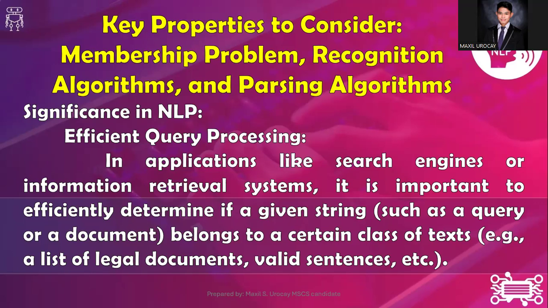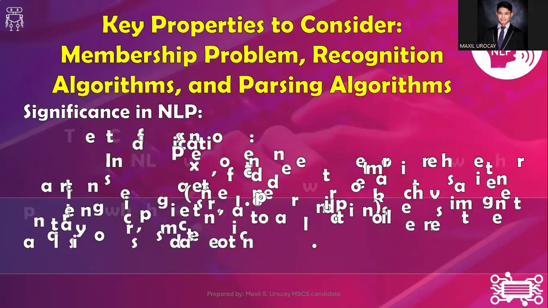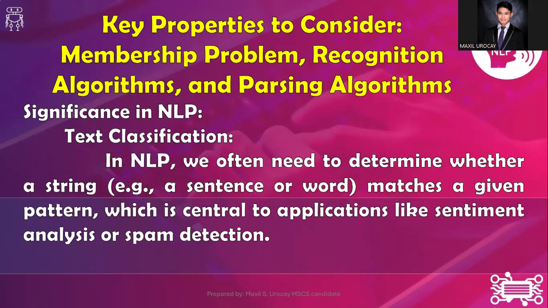Now, in terms of text classification, in NLP we often need to determine whether a string, like a sentence or a word, matches a given pattern, which is central to applications like sentiment analysis or spam detection.